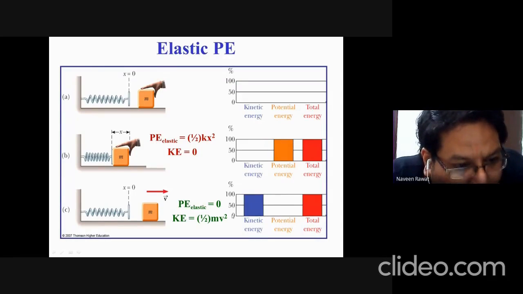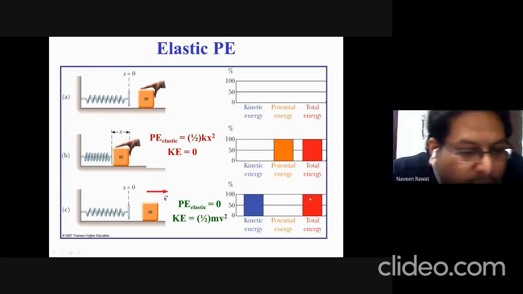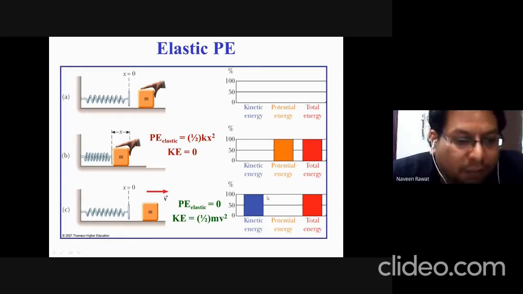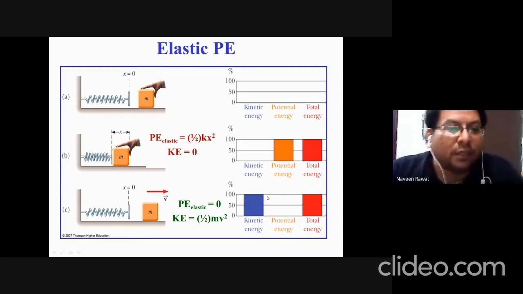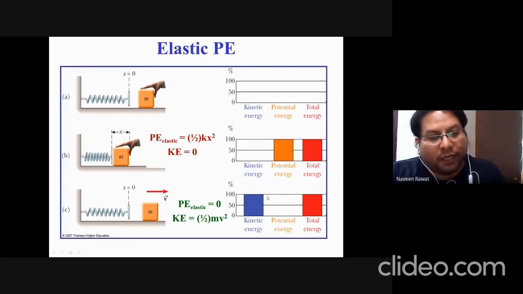All the potential energy will get converted into kinetic energy of your system. Eventually you will see that you have 100% kinetic energy, and that is your total energy of your mass m. So that's how the interplay of potential and kinetic energy happens in your spring mass system.